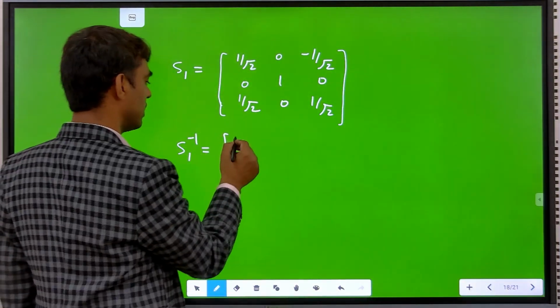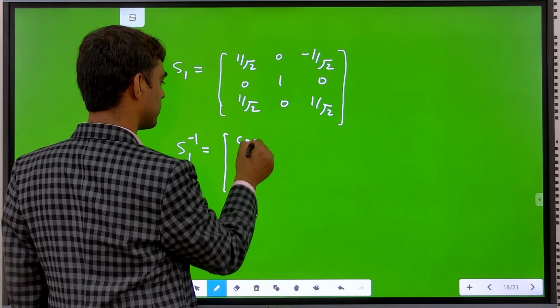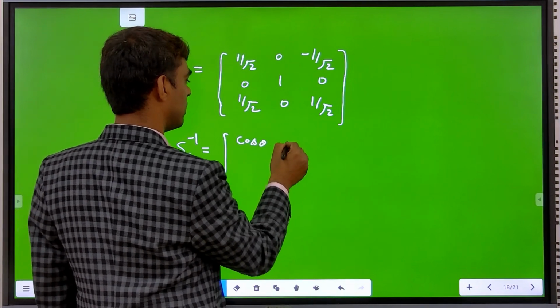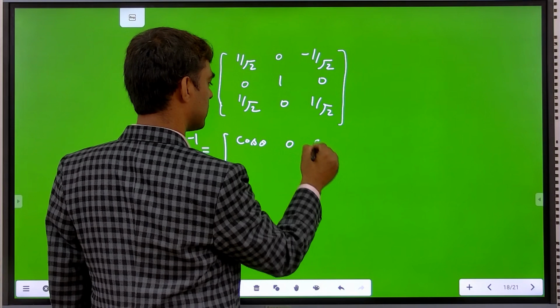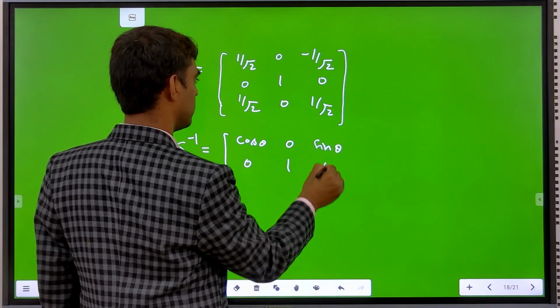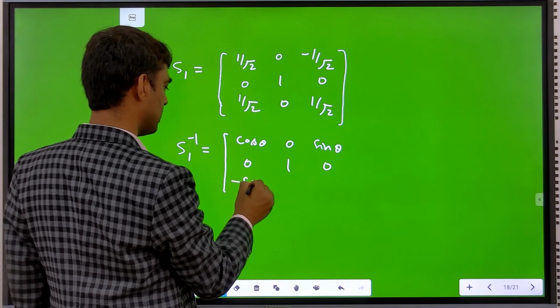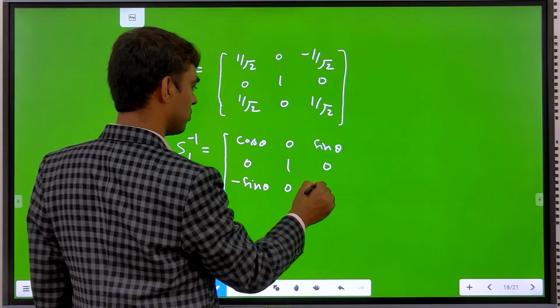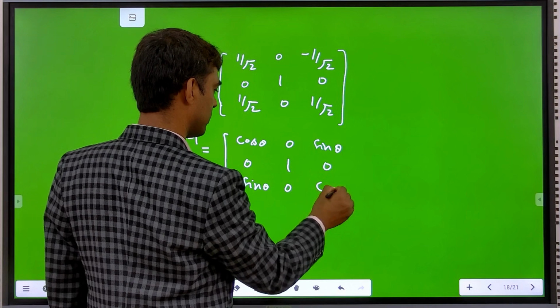S inverse has cos theta, 0, sin theta in the first row, 0, 1, 0 in the second row, and minus sin theta, 0, cos theta in the third row.